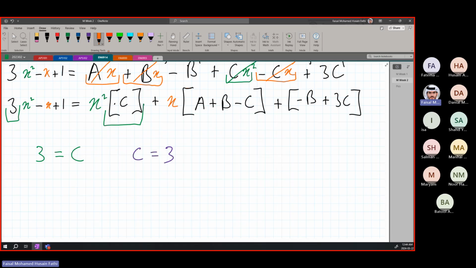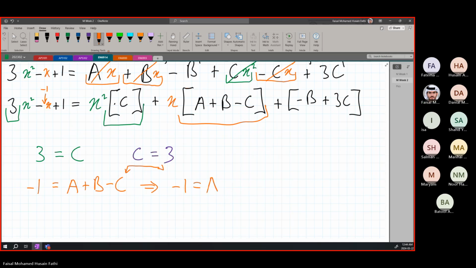So here we have minus. What does that mean? This is basically saying this is multiplied by minus 1. Right? It's the same thing. So we say minus 1 is equal to this whole part, a plus b minus c. We already have c, so we can substitute it here. So minus 1 is going to be equal to a plus b minus 3, which is c, just substituted in its place.